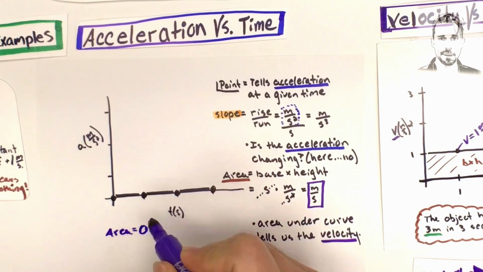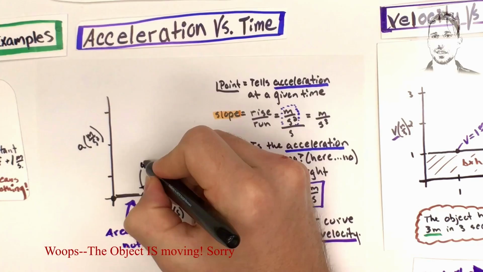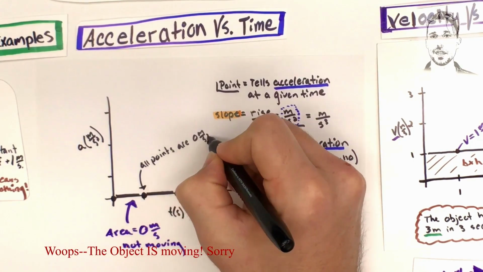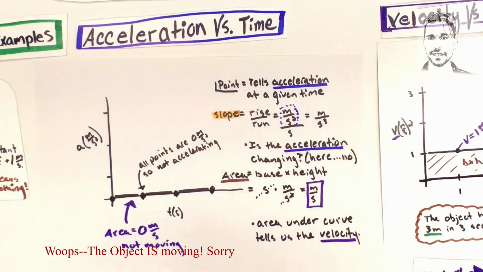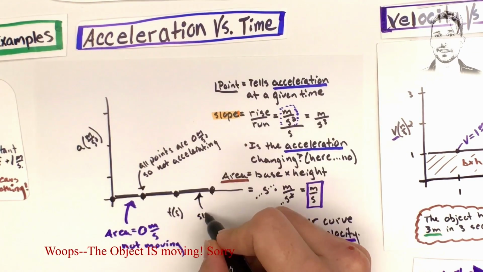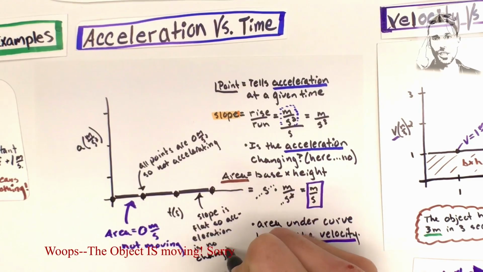But the area is 0 meters per second. So all points are 0 meters per second squared. So it is not accelerating. So at no time along here is it accelerating. So there's no change in velocity.